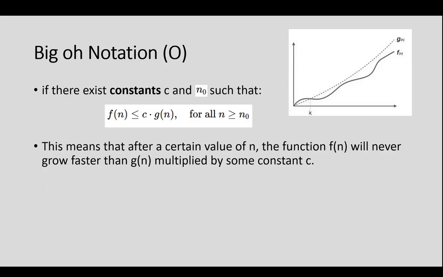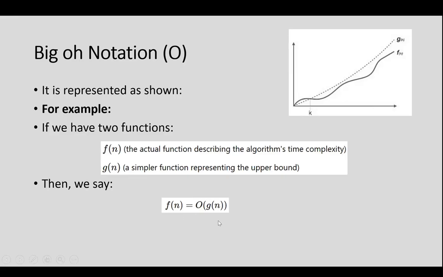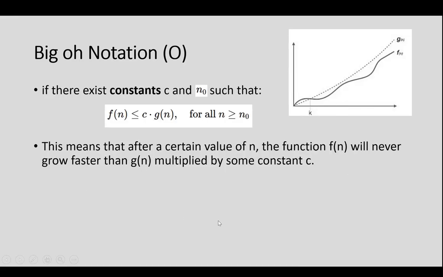So the condition is this: we say that f of n is equal to Big O of g of n if there exist a constant c and n naught, where n is the number of inputs, such that f of n is always less than or equal to c times g of n, because we are considering g of n as the highest order, the upper bound.